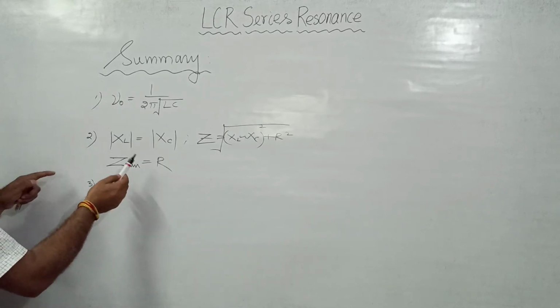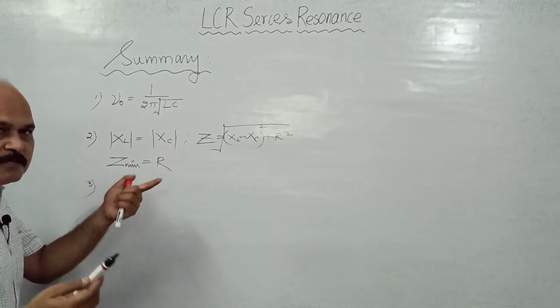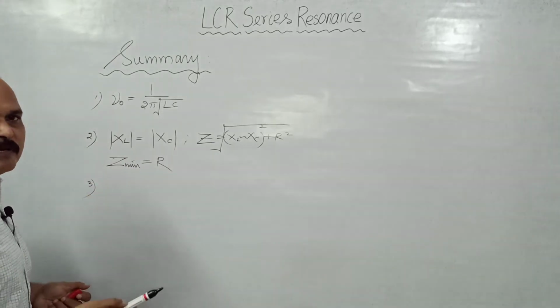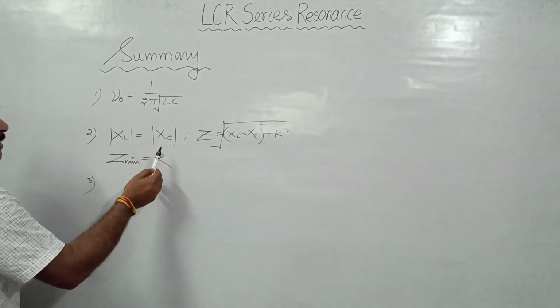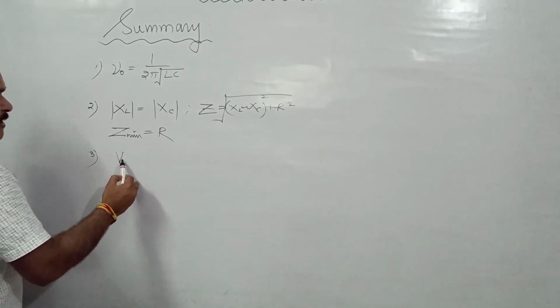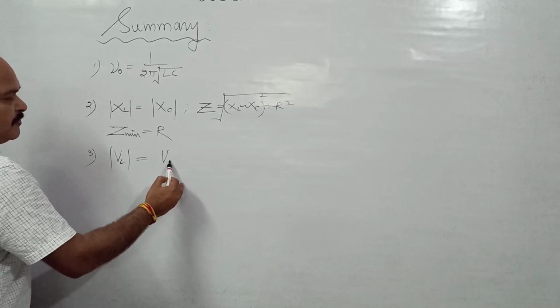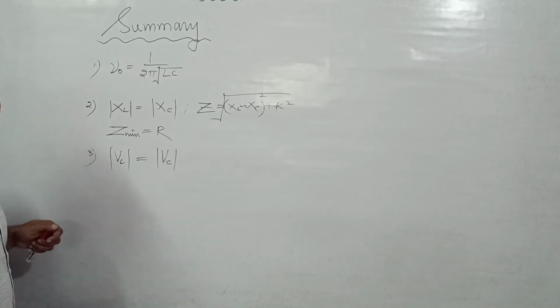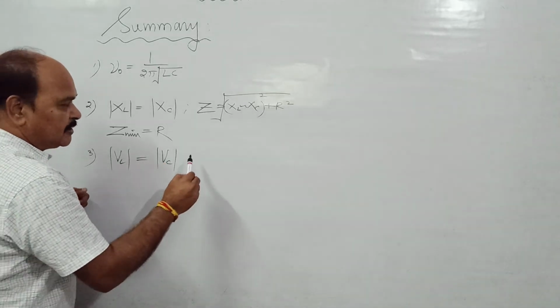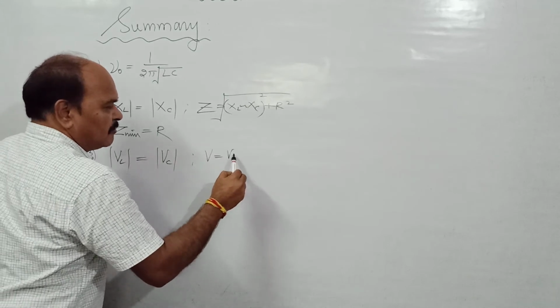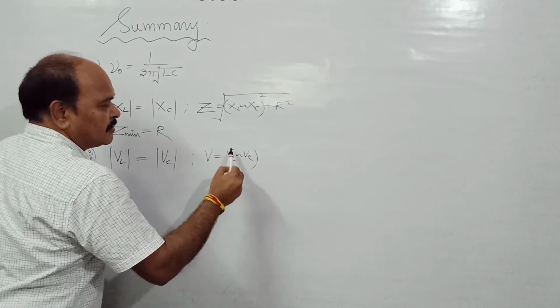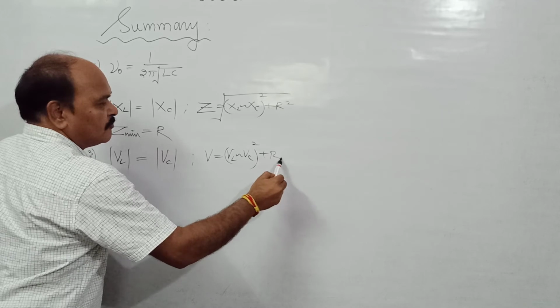Well, if we multiply both sides by I, in series the current is same. Whatever may be the value of current, it is same. If we multiply both sides by I, what do we get? We get VL left hand side and we get VC right hand side. So VL and VC both are equal to each other. And the overall voltage is what? Square root of VL minus VC whole square plus R square.